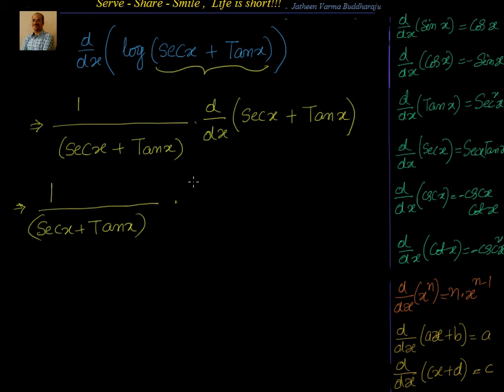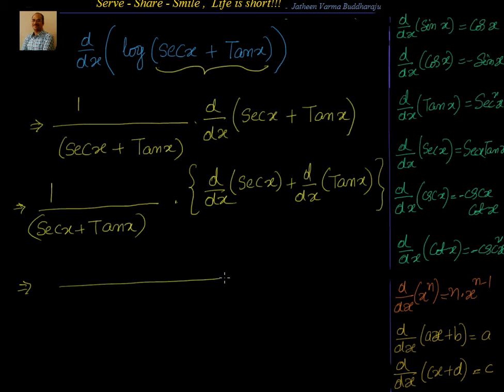So I can write them as separate functions: d by dx of secant x plus d by dx of tan x, which we have seen already how to do.